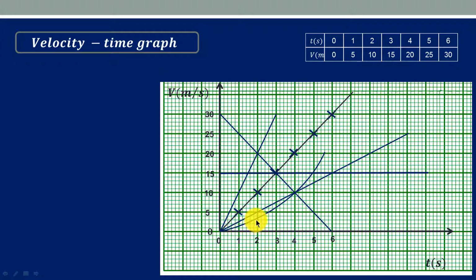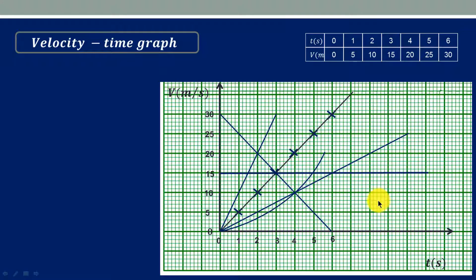When the graph is a curve, the gradient is not constant. In fact, the gradient is increasing. We end up concluding that this is an object whose acceleration is increasing with time. The acceleration is increasing. But this other graph here, the acceleration is uniform or constant.